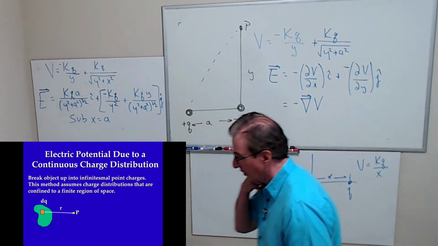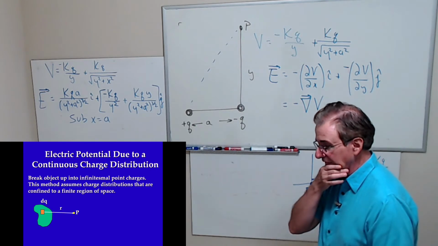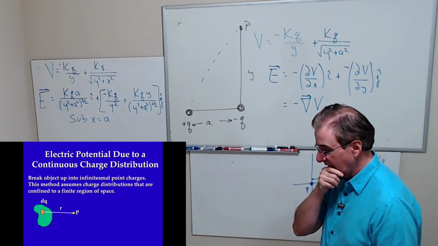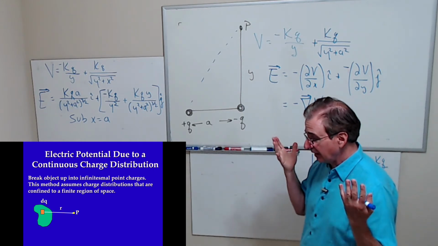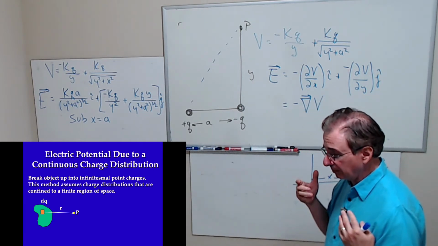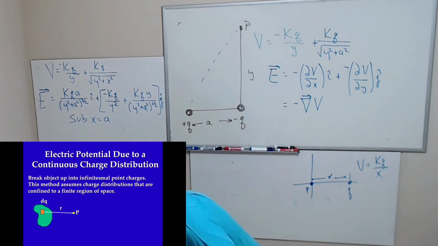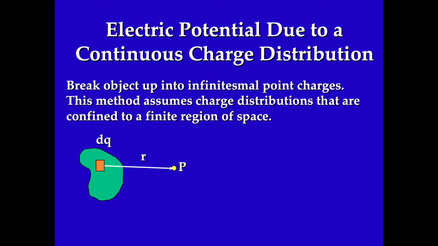So now I'm going to do continuous charge distributions. So spend a little bit of time on here. I want to find the electrical potential due to a continuous charge distribution. It's the same idea as the electric field. When you look at that picture, I have to break up that charge distribution into pieces small enough so that the potential at point P is the same value over that dq.